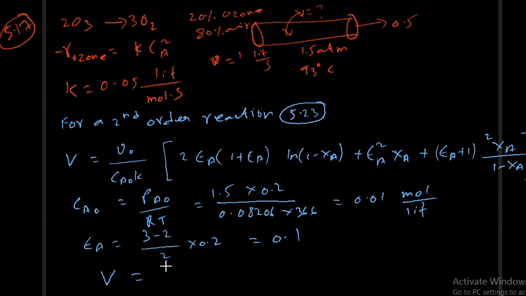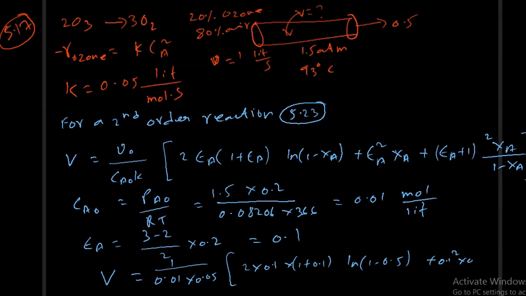If you substitute the above values, 1 divided by 0.01 into 0.05, into 2 into 0.1 into (1 plus 0.1) ln of (1 minus 0.5), plus 0.1 square into 0.5, plus (0.1 plus 1) whole square into 0.5 divided by (1 minus 0.5).